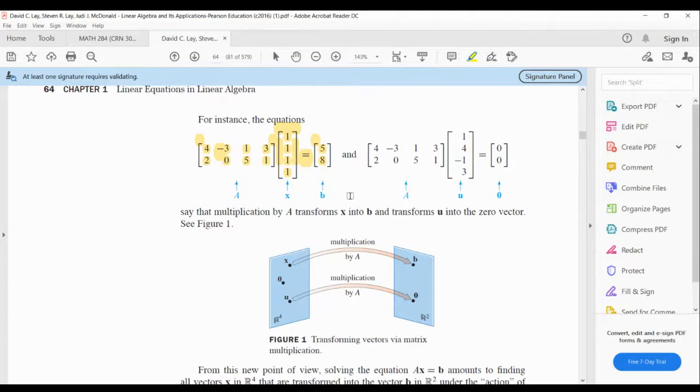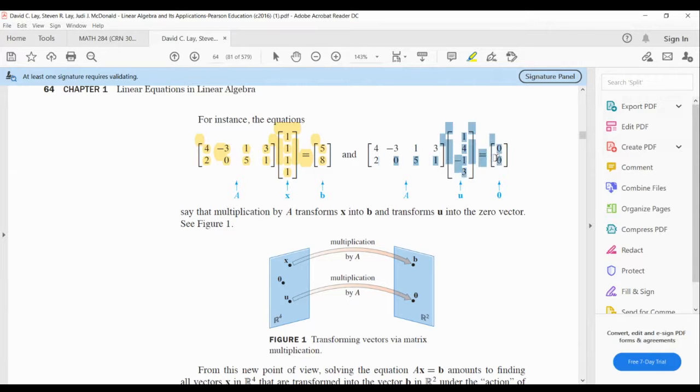So you're transforming a vector x into a vector b. You're taking a 4x1 vector x, a vector that lives in R4, and mapping it into R squared.